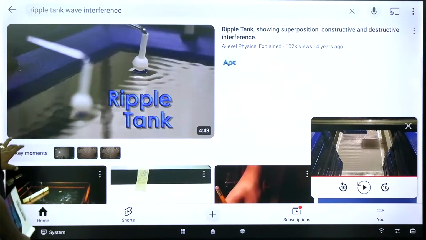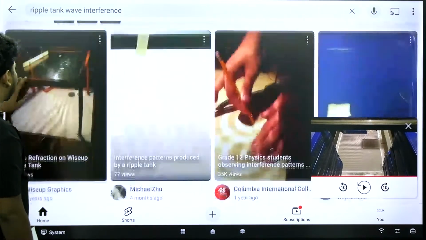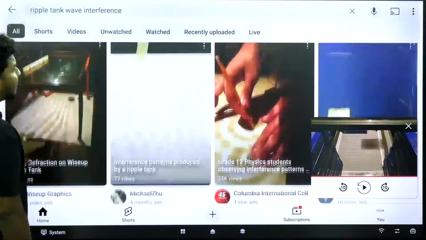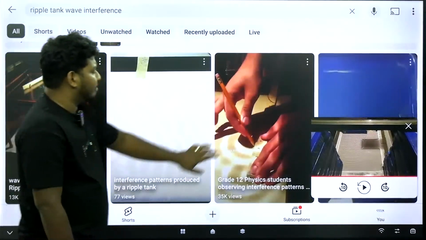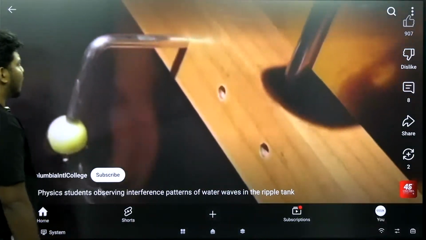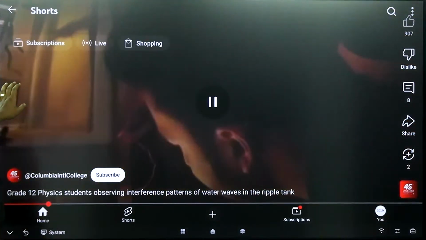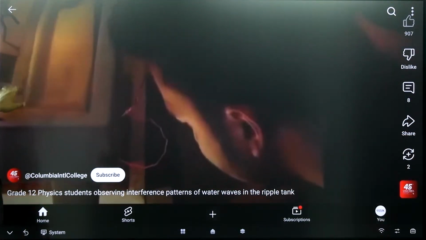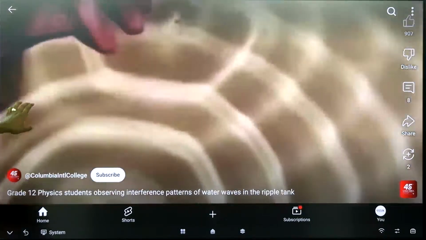We can see the wave interference in this experiment. These are the vibrators vibrating, two vibrators are there. They are vibrating on the surface of the ripple tank. So this is how it will look like.